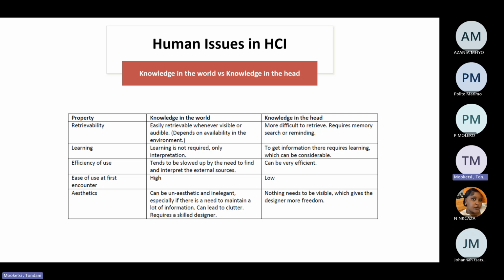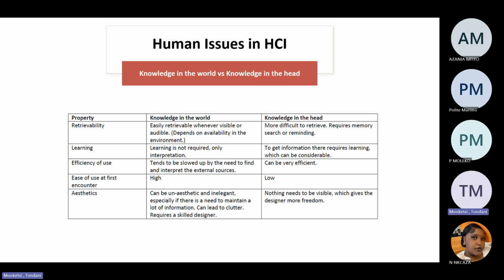Knowledge in the world makes it very easy to use because the user can just follow the prompts on screen. That's why even when a 3-year-old opens an app like CocoMelon, for example, they don't even know how to read, but they can interact with the app and play games, play songs or whatever. So with knowledge in the world, ease of use is high, but with knowledge in the head, ease of use is low.